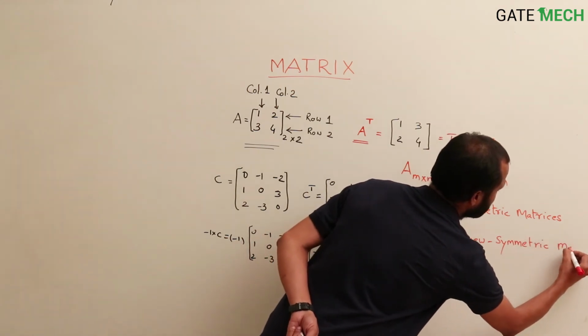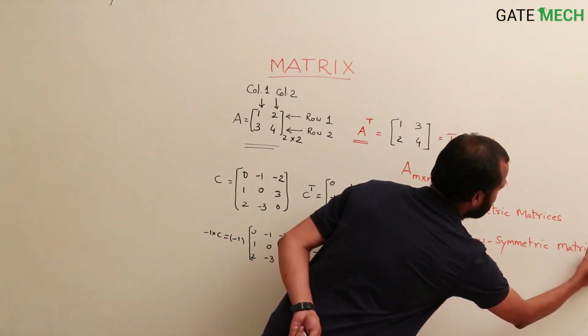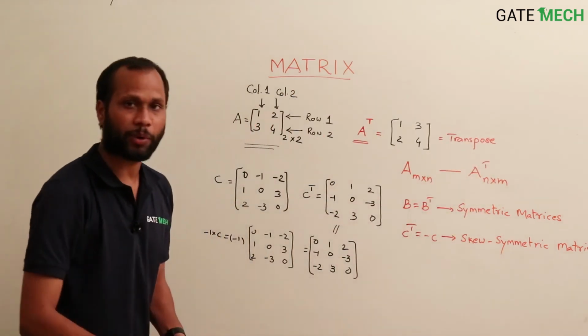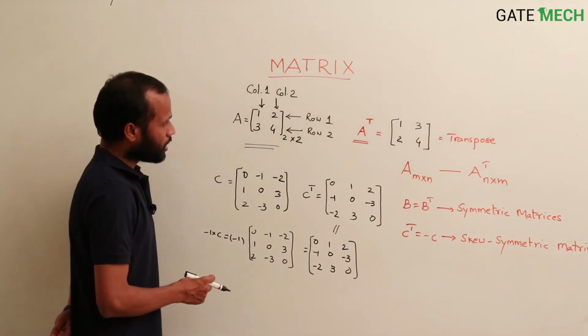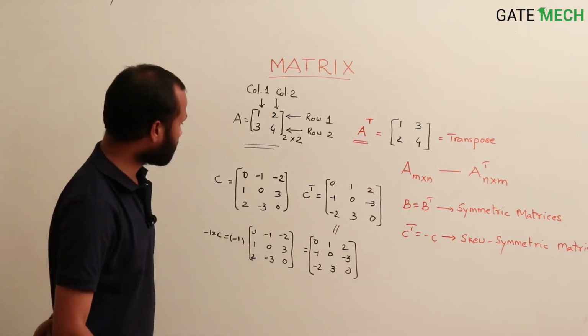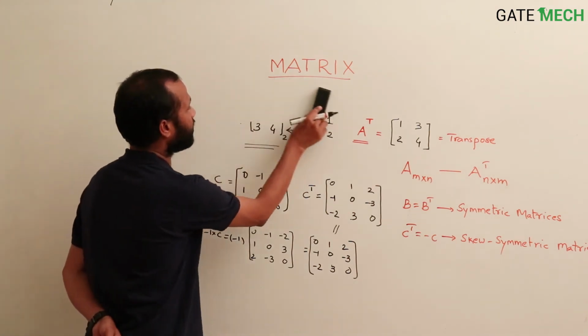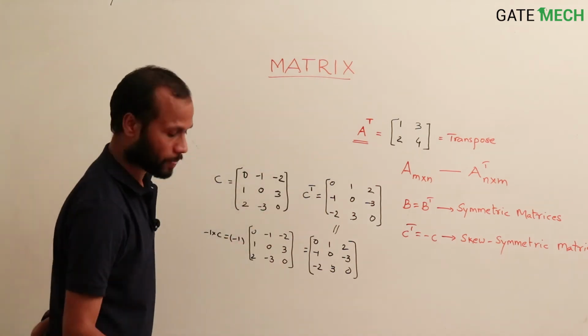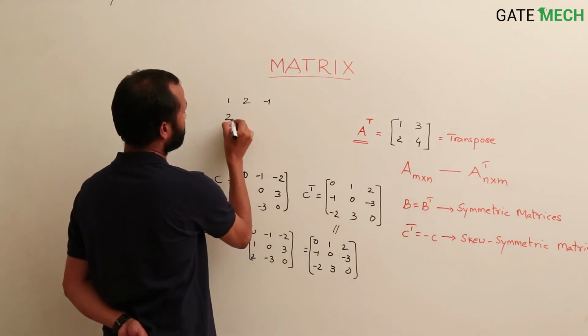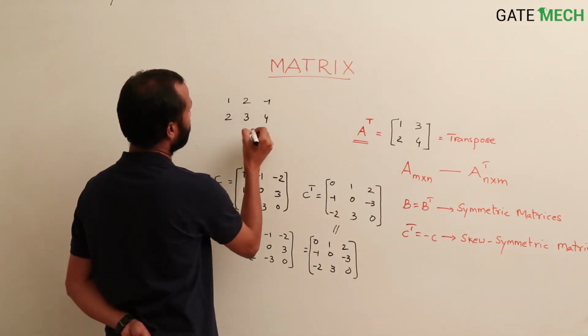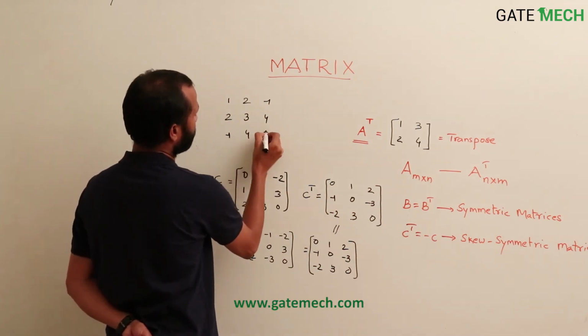Skew-symmetric matrices. What you observe in both symmetric matrices and skew-symmetric matrices here is, in the symmetric matrix example I have erased, I'll write it here: 1, 2, minus 1, 2, 3, 4, minus 1, 4, 5.